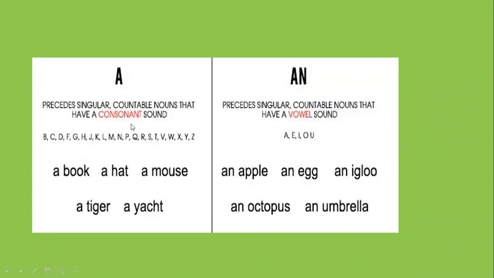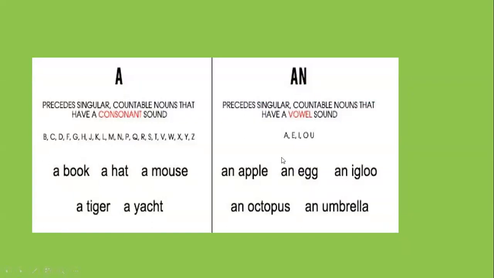If the word has a consonant sound, meaning all the alphabet without the vowels, those letters are called consonants. So before a word, if the sound is a consonant sound and the noun is singular or countable, we will use the article "a".